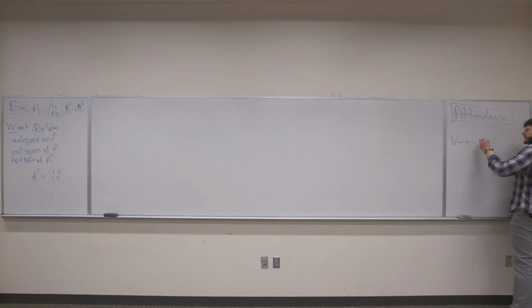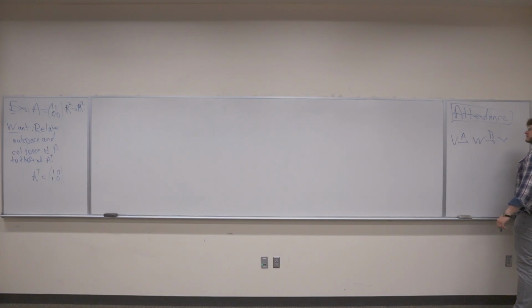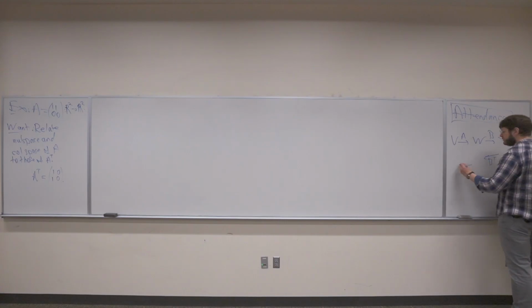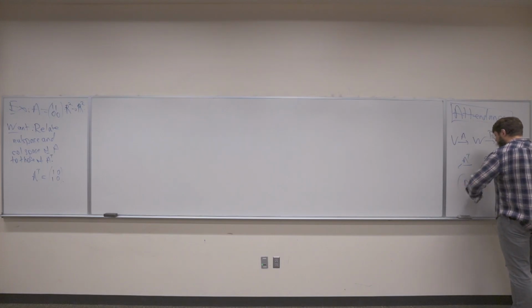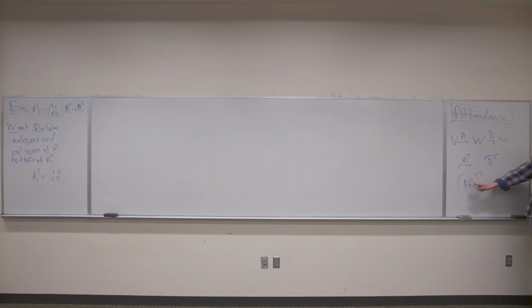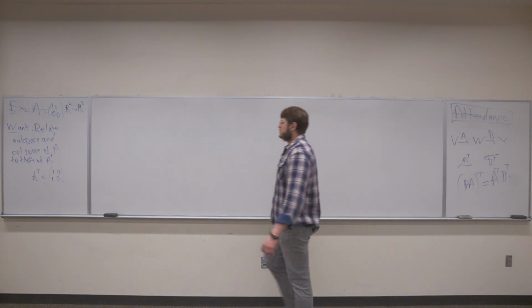If you have x, say this is A, this is B, well, B transpose is going to go this way, and A transpose is going to go this way. Remember, when you take the transpose of a product, you don't get to distribute like this. You need to flip the order. That's why, if A goes this direction, you want to think of A transpose going the other direction.